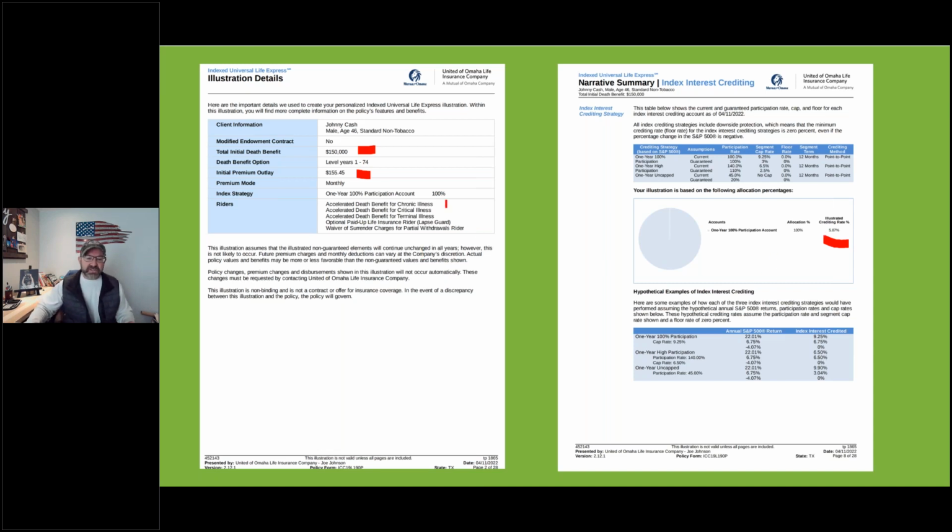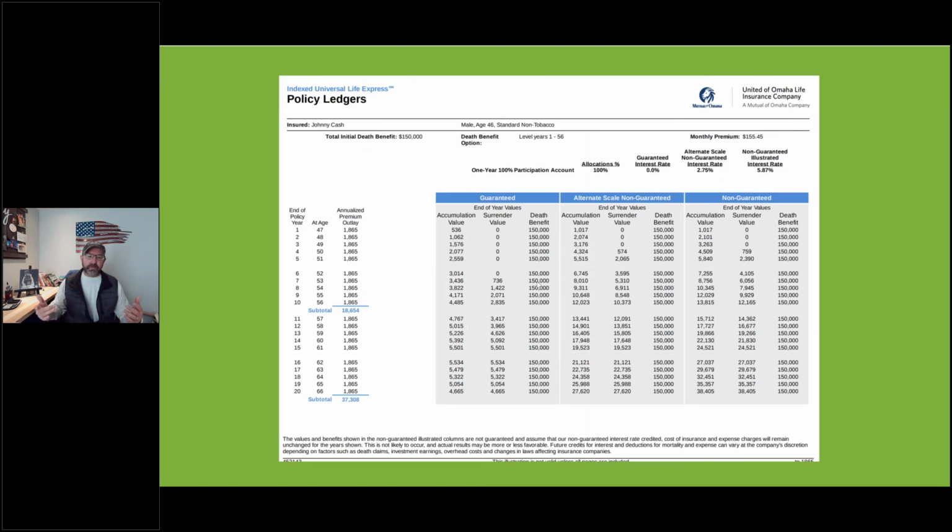When you run the illustration, which by the way, if you sell that, you're going to need to run the full illustration. I'm only showing you a couple of pages. It lists all the benefits that they get, the critical, chronic, and terminal illness. Okay, enough about that. This is what they call the tubular report. This is what you want to focus on when you're selling the IUL to your client.